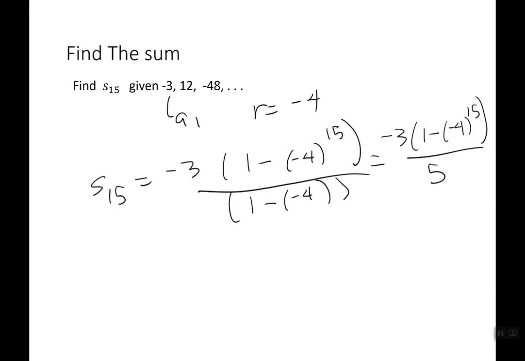So negative 3, 1 minus parentheses negative 4 to the 15th power, and then I'm dividing by 5. This says my answer is negative 6,442,450,995. So really big answers here when we're looking at these geometric sequences.